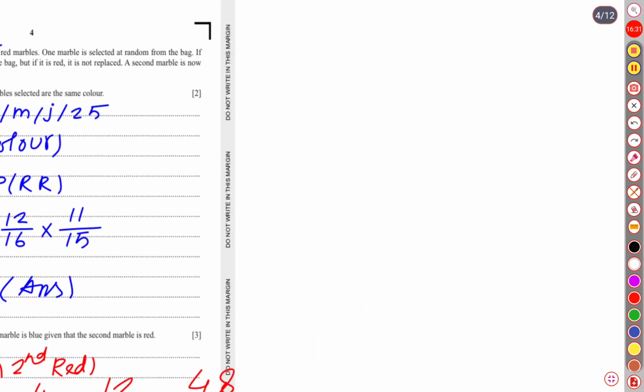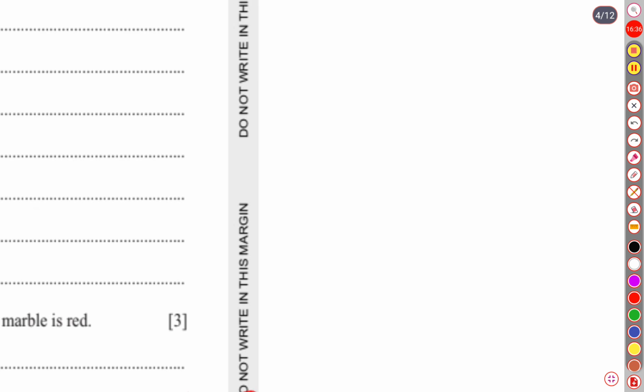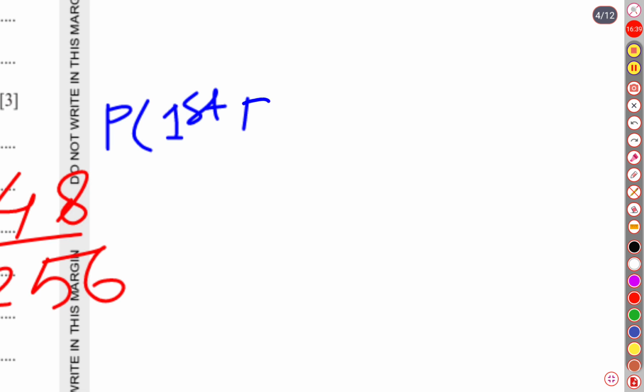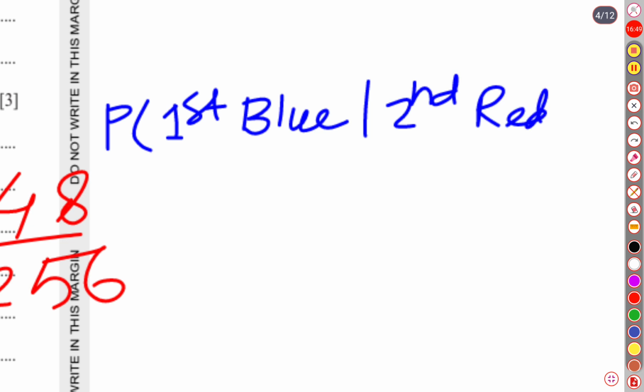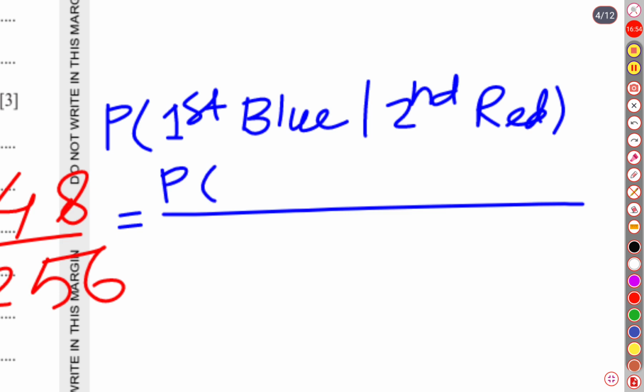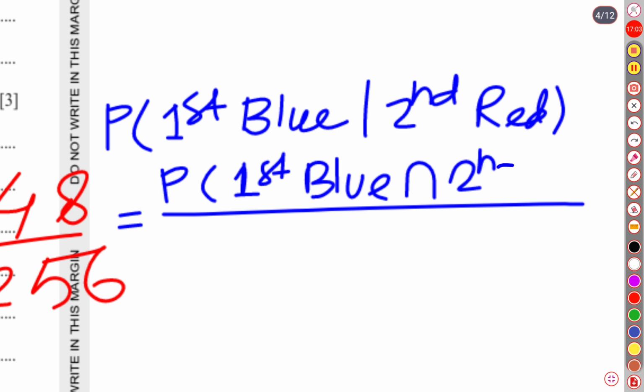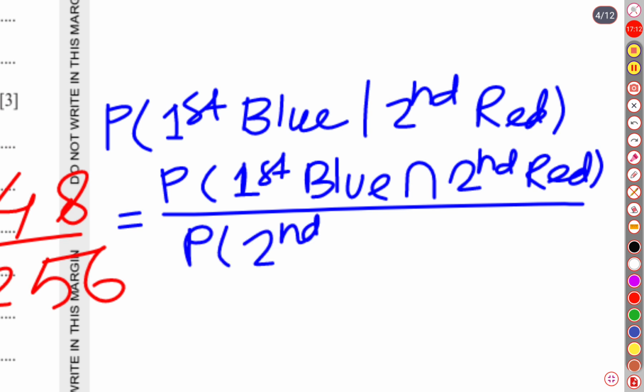So let me write over here: probability of first blue given that second one is red, equal to, we know the formula is probability of first blue intersection second red over probability of the second one to be red, probability of second one red.